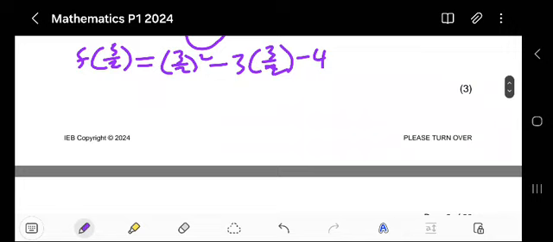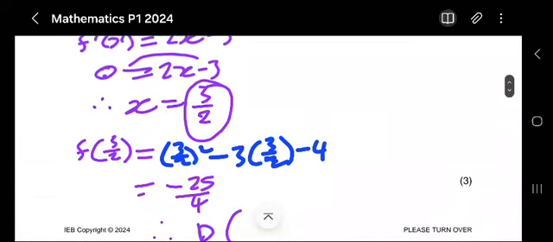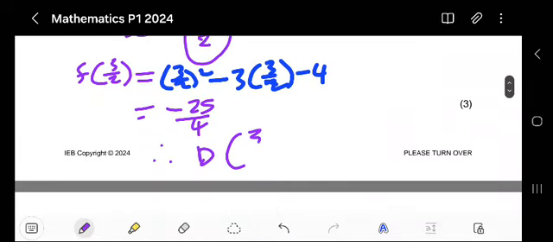You can punch this directly on your calculator without wasting time. Our y value will be minus 25 over 4. Therefore, the coordinate of D simply equals (3 over 2, minus 25 over 4).